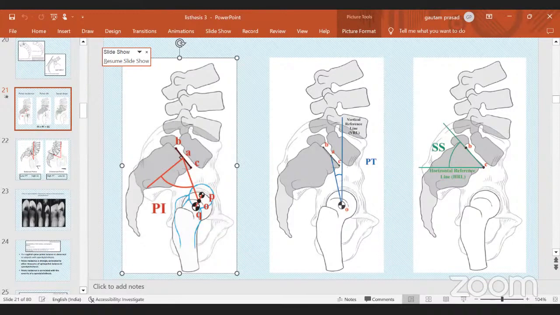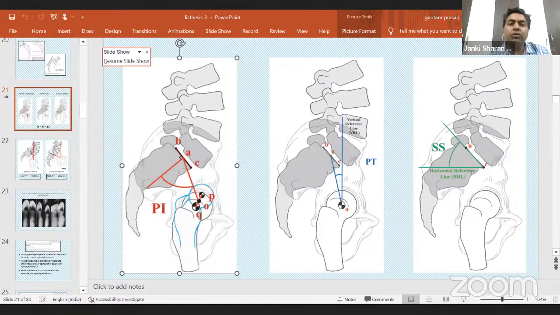In case the femoral heads are not superimposed, you see the center of the femoral head on both sides, draw a line and take the midpoint of that. So this point is connected to the midpoint of the sacral plate, and a perpendicular is drawn to the sacral plate at that point. The angle between these two lines is the pelvic incidence.